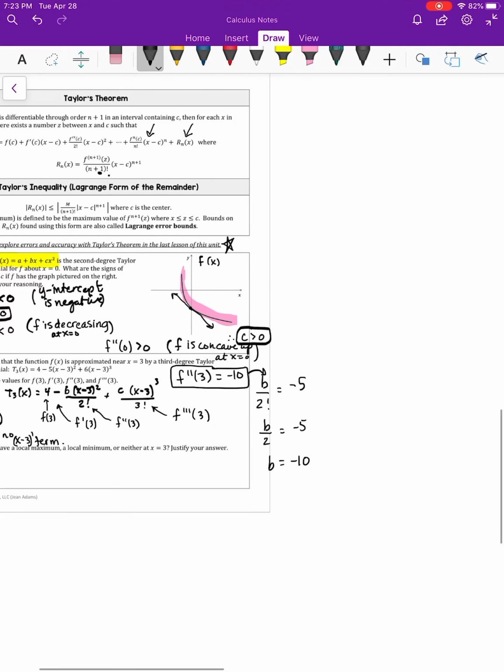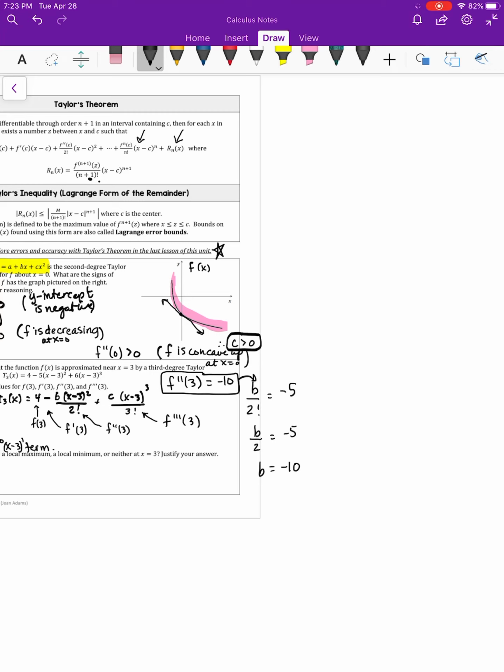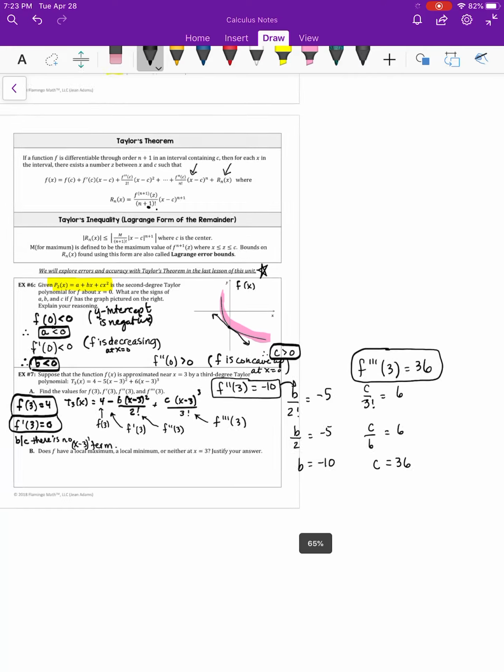My reasoning is right here, this algebra. And then for f triple prime of 3, I'm going to take c divided by 3 factorial and set that equal to 6. Remind myself that 3 factorial is 3 times 2 times 1, which is 6. Multiply by 6 on both sides, and I get c is equal to 36. And from that one, I can see that my f triple prime at 3 is 36.